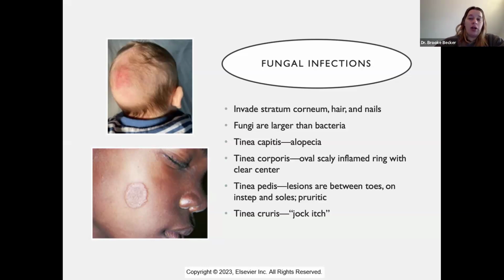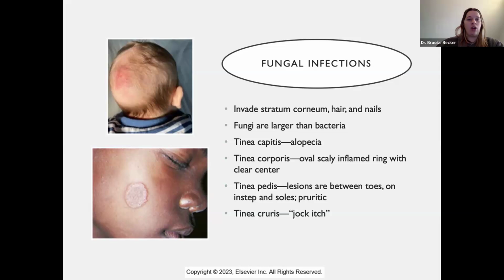Fungi or fungal infections are larger than bacteria. So they need to be treated not with an antibiotic, they need to be treated with an antifungal. So like Lotrimin or clotrimazole, those, azole is the last part of those medications.